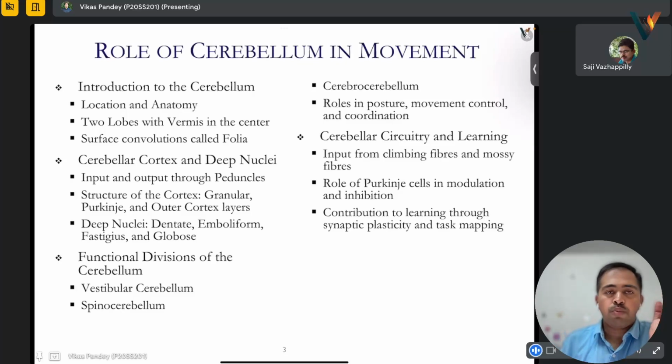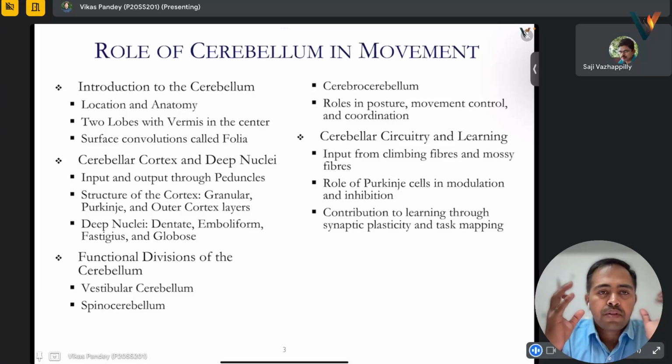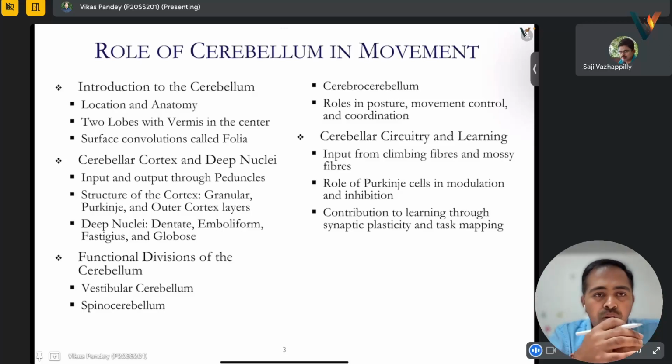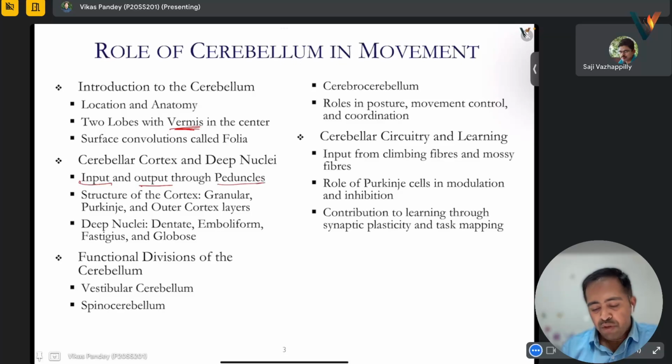So there are two parts or two lobes, and there is a separation called vermis in the center. And there are surface convolutions called folia throughout the cerebellum. Then cerebral cortex and deep nuclei. These input and output through peduncles.